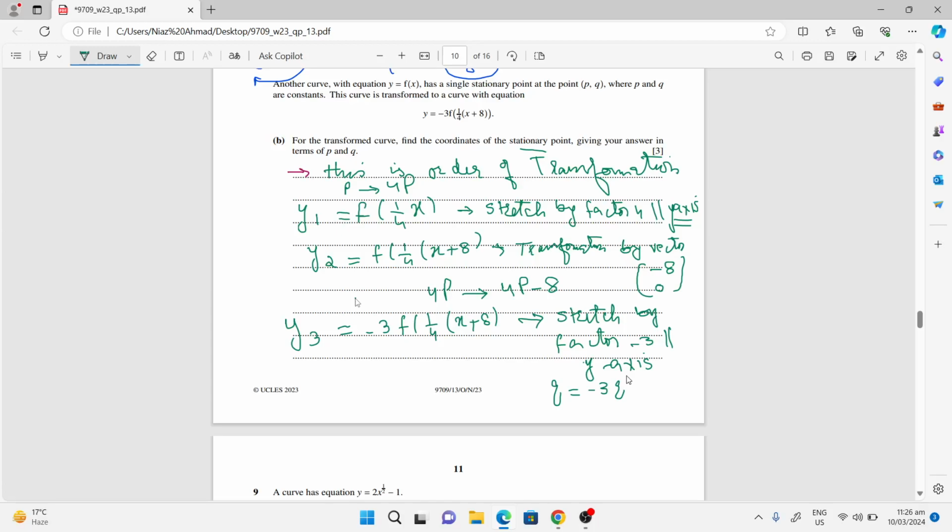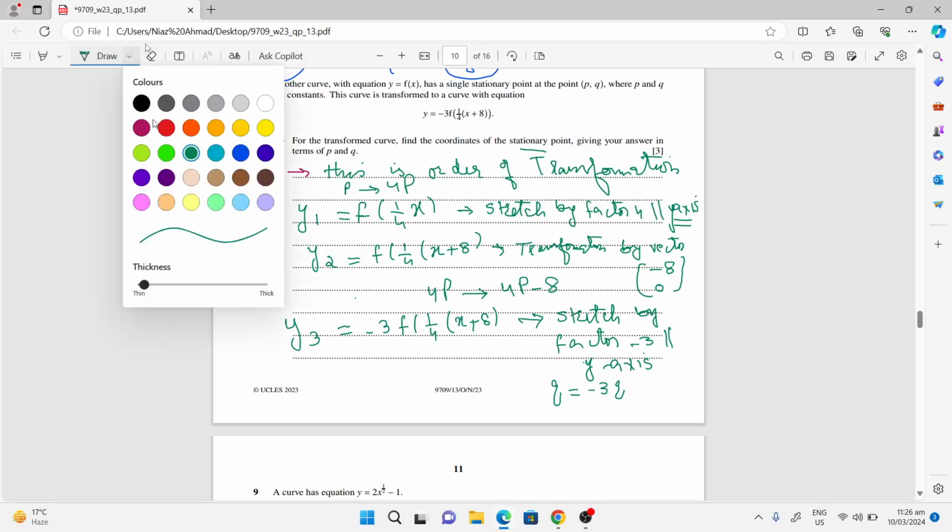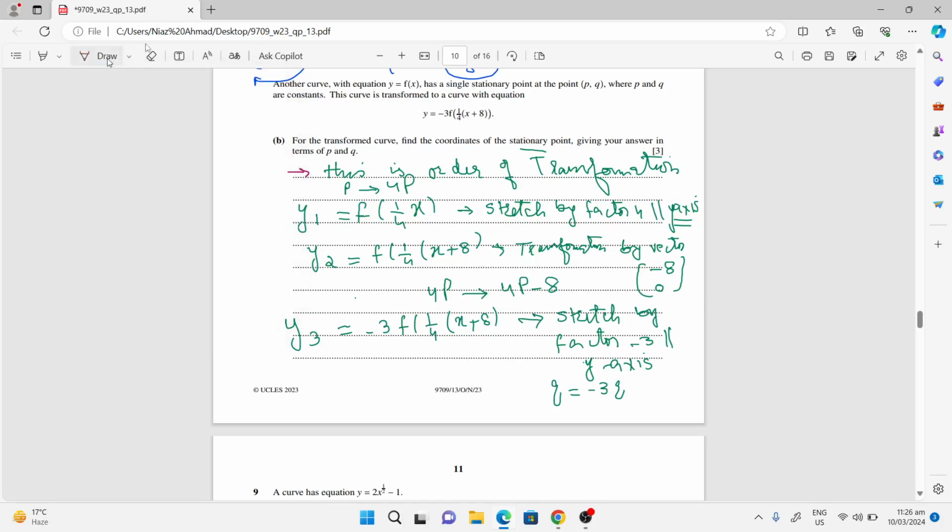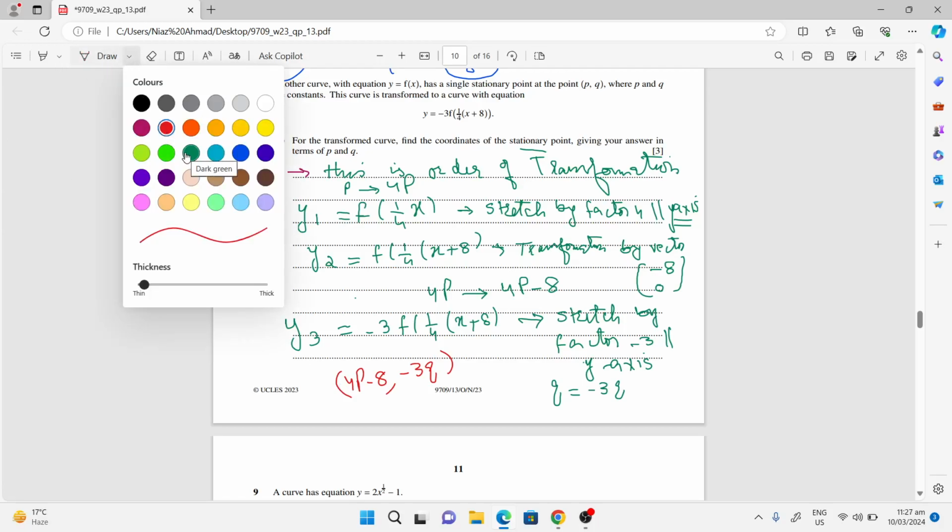So you can simply say, okay, now I am done. Now write the coordinates of P and Q. First is 4P minus 8, comma, negative 3Q. So this is my order of transformation, and we are done with the question.